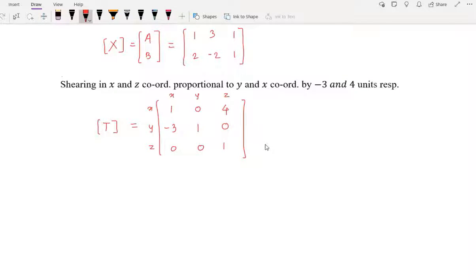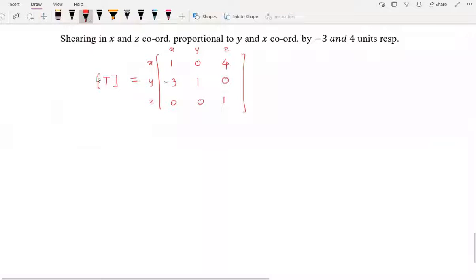After that, we apply this T on the position matrix X and find X star.